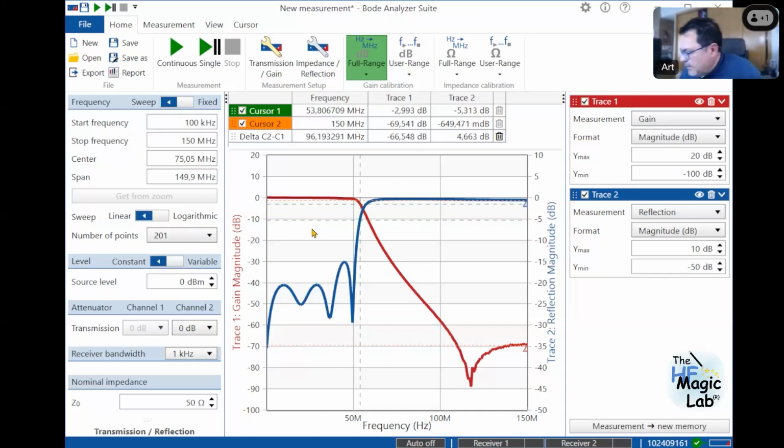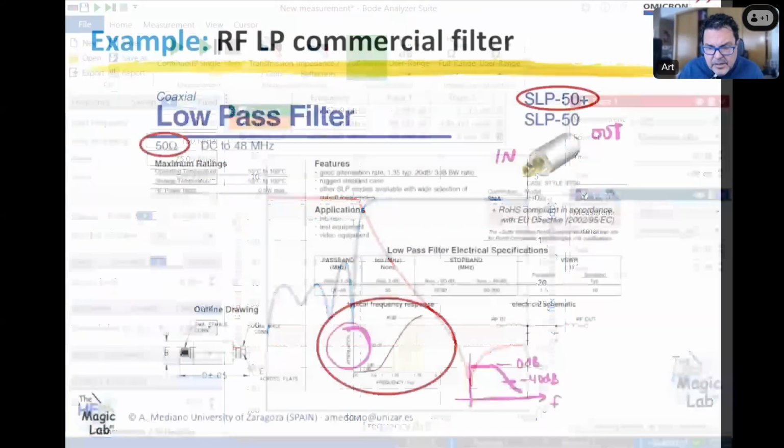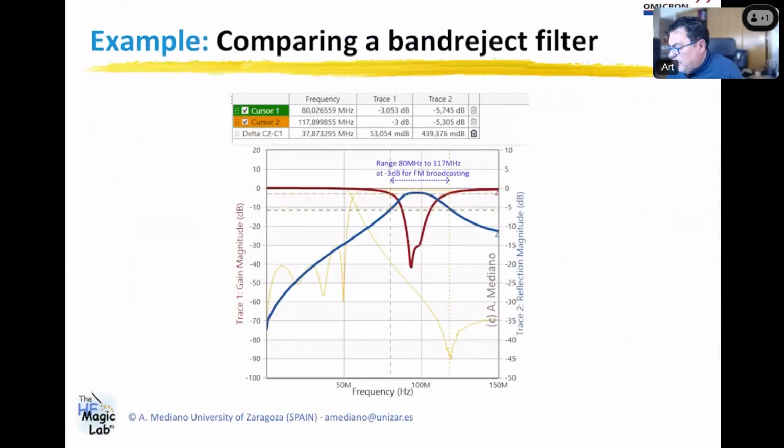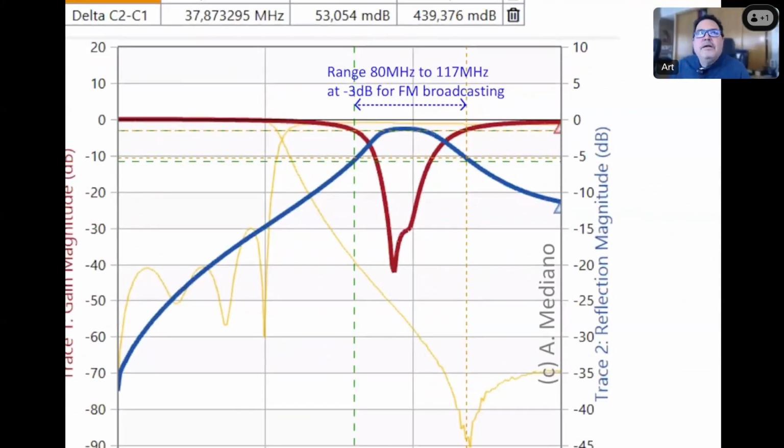So what happens if you go to the slides? I am not going to explain it here because if not, we don't have time. In the slides, you can see that I have introduced another example over our low-pass filter, with a filter that is prepared to filter the FM band when, for example, broadcasting stations are disturbing your circuit.